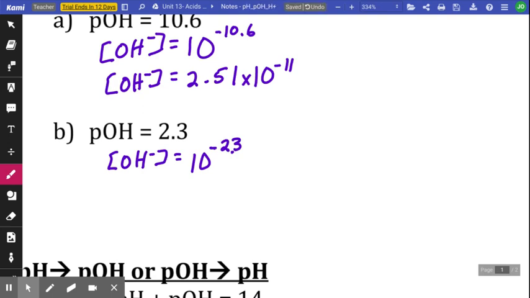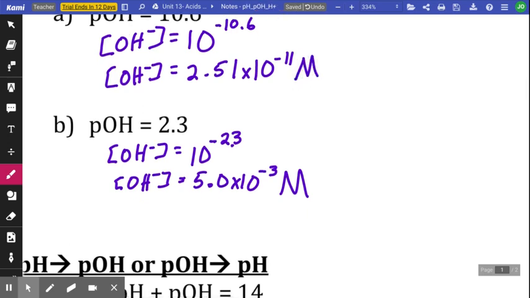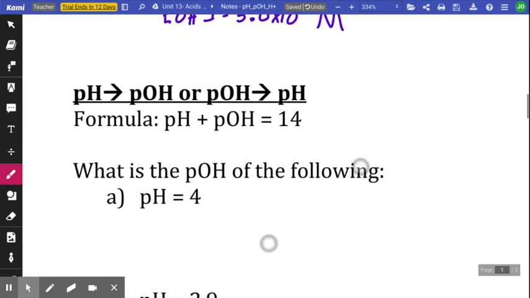Again, I'll plug that into my calculator, and I'll find that that gives me 5.0 times 10 to the negative 3. So that would be my hydroxide concentration. Now again, with concentration, molarity would be our unit.